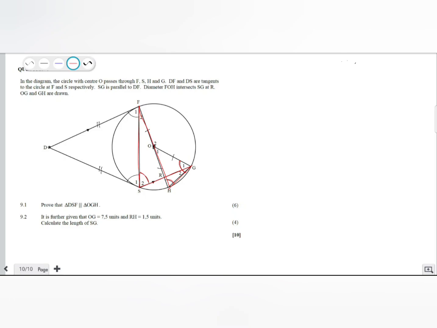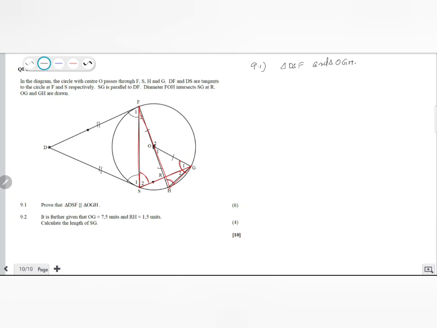First, question 9.1: prove that triangle DSF is similar to triangle OGH. We can see the evidence there, it's just a matter of writing it down, isn't it? So what are you going to write? For 9.1, triangle DSF and triangle OGH, you have to show that both of them are similar.